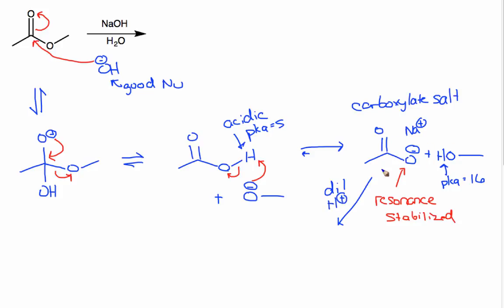And that dilute acid will just protonate this carboxylate anion to give us the carboxylic acid. So to actually get to the carboxylic acid, it's a two-step process. First is base and water. Second is just a dilute acid.